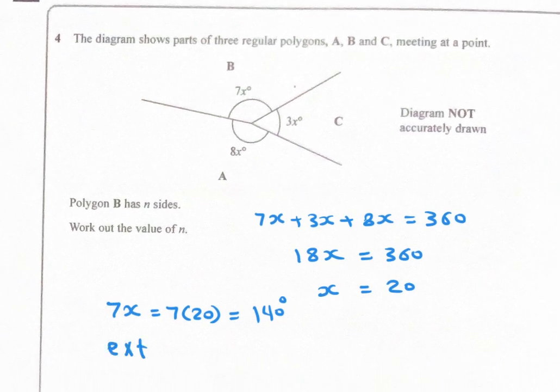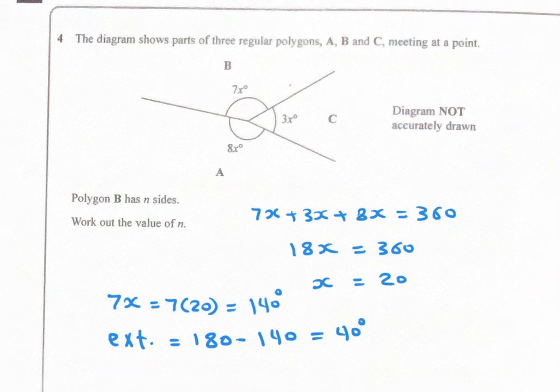So the exterior angle equals 180 minus 140 equals 40 degrees. Now if you have the exterior, you can find the number of sides. 360, the sum of all exteriors, divided by each exterior, which is 40, equals 9, so 9 sides.